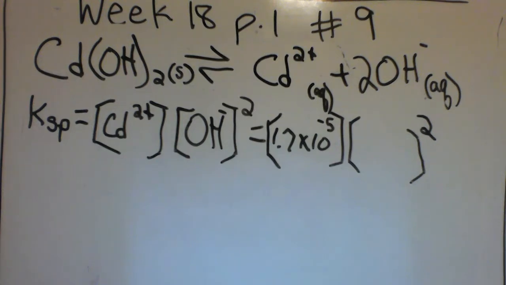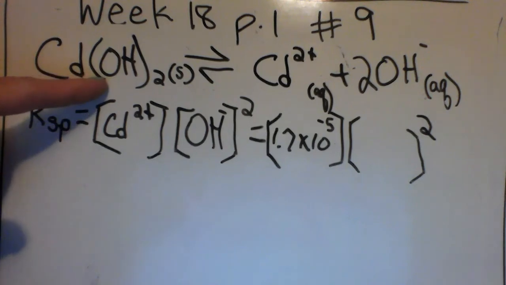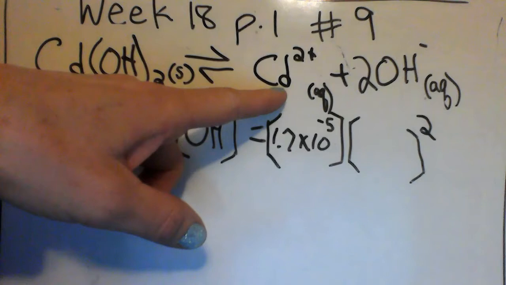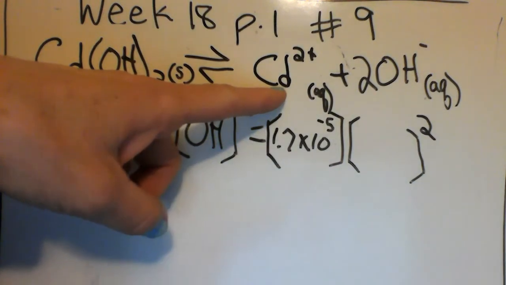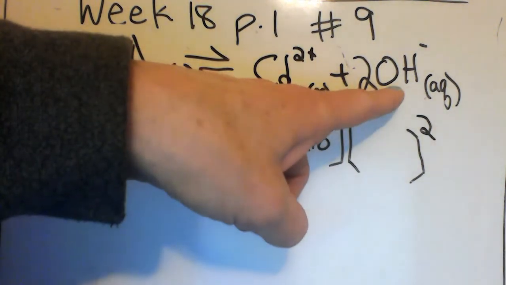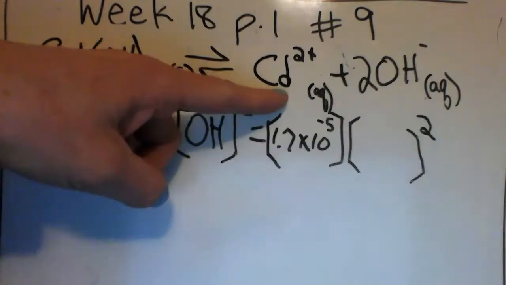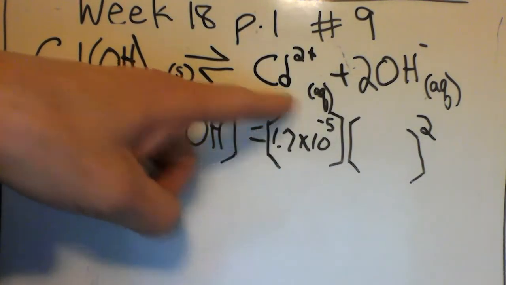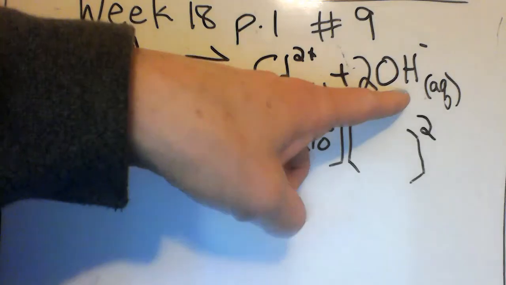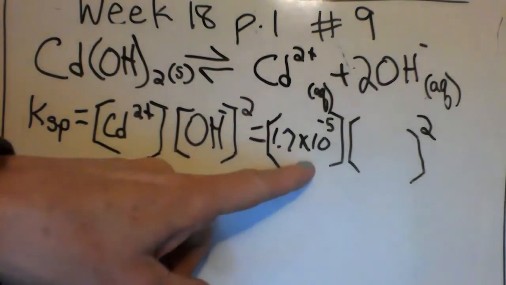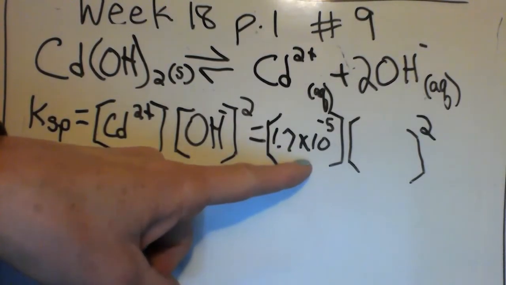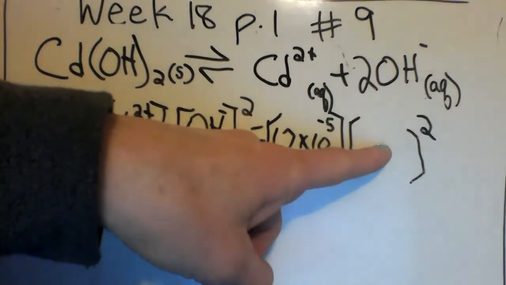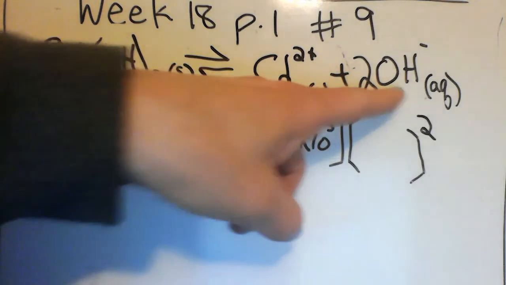Now, you know that when cadmium hydroxide breaks down in solution, every molecule is going to yield 1 ion of cadmium and 2 ions of hydroxide. So whatever the concentration of cadmium is, the concentration of hydroxide will be twice that. So we can take the number that shows us the concentration of cadmium, multiply it by 2, and that gives us the concentration of hydroxide because it's going to be twice this.